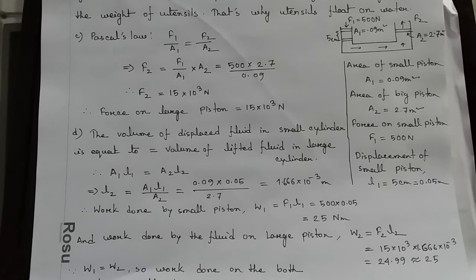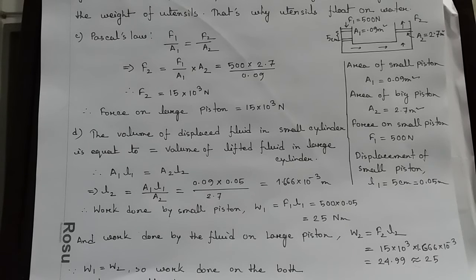That's why if we apply a force on the first cylinder, that will lift the first piston, and this force will lift the second piston as well, because the fluid is confined in this small area.